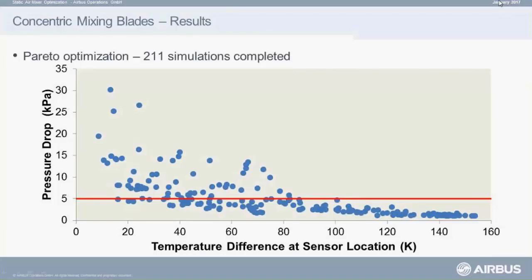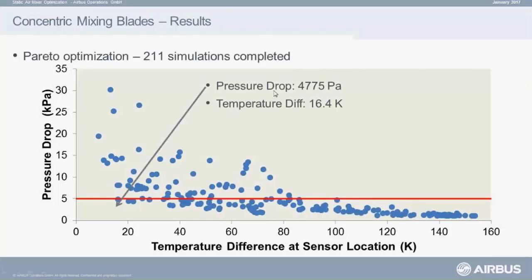So the first area of interest is here where we have a low delta P, and the other one is low delta T. And as we are mainly interested in a low pressure drop at a reasonable temperature difference, later on a single objective optimization was run, where we just focused on this area here, where we have a certain pressure loss and acceptable temperature difference.